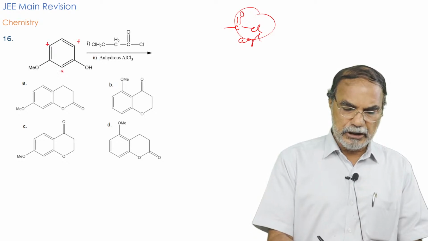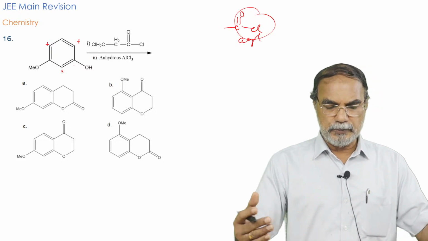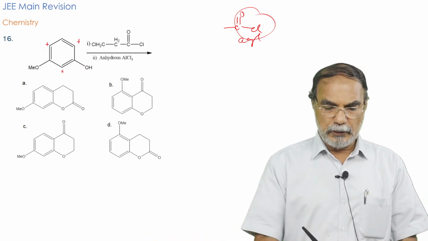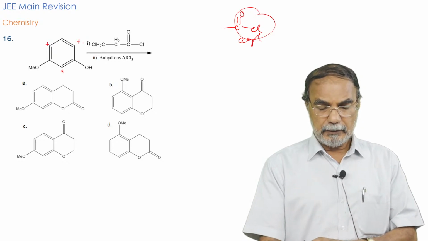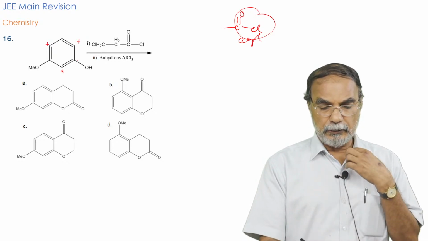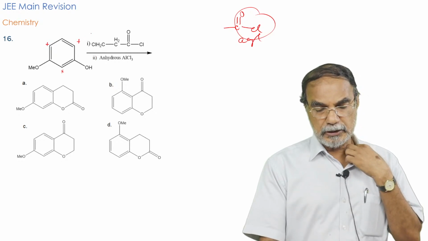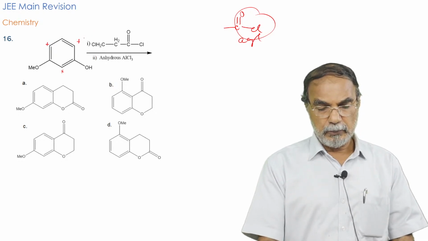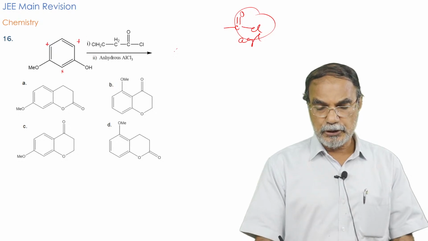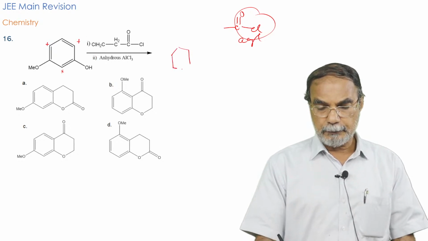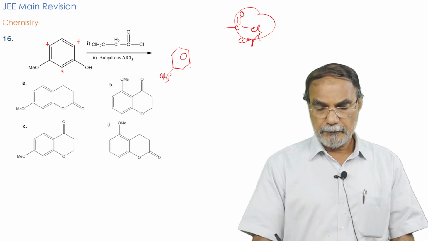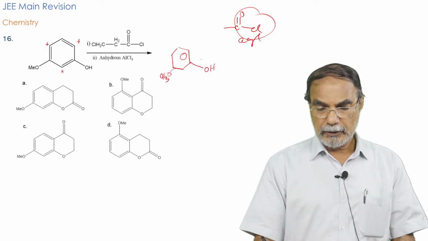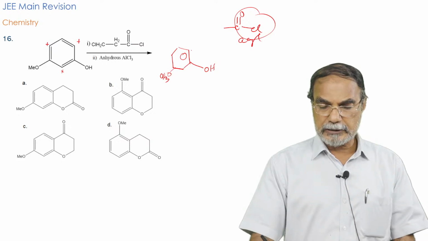But here the reaction is very unlikely because the two groups are there on adjacent sides. So the most favorable position is this, and moreover, it is ortho with regard to the OH group. So the reaction can most likely take place at this position, so that the product of the reaction has OCH3, you have OH, and it is this position that is getting substituted.